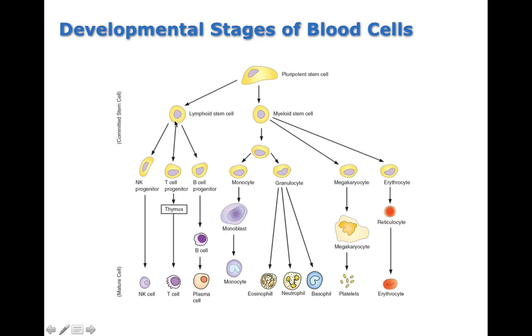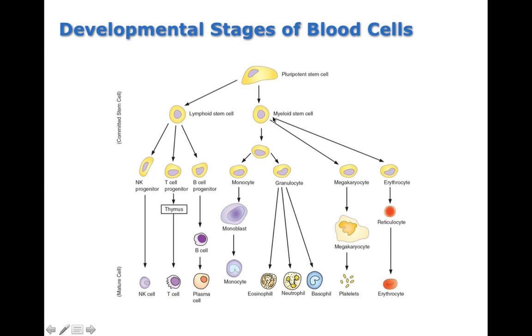The lymphoid stem cell can differentiate into your lymphocytes, hence the name lymphoid stem cell. So this can give rise to your B cells, T cells, and natural killer cells. And these are the ones that are more commonly associated with the lymphomas. Now, these pluripotent or hemocytoblast stem cells can also differentiate into a myeloid stem cell line, which gives rise to every other cell type within blood.